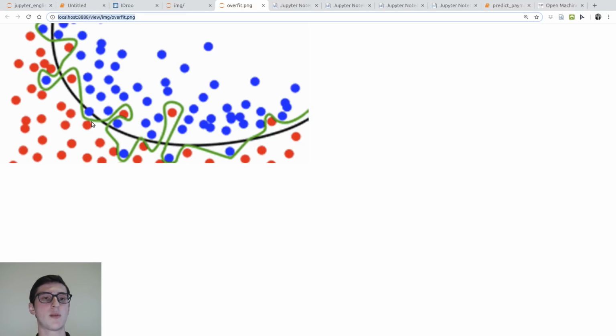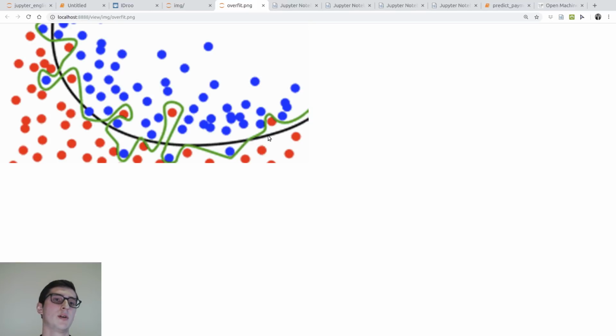We separate red dots from blue ones, and suppose the underlying decision function is some smooth one like this black one. But if we build this green border, we can see that it's totally overfitted.